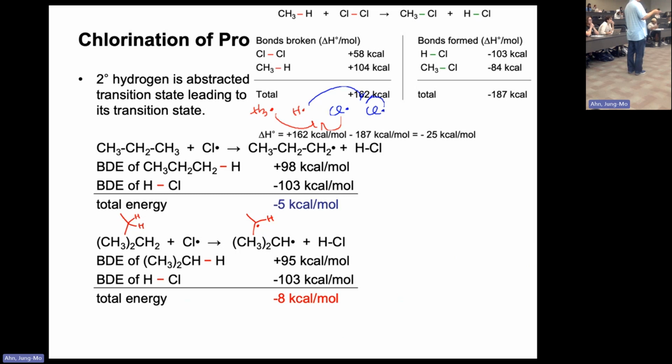That's why these terms are not there. You only need to focus on what's actually getting broken and what's actually getting made for the particular reaction we provide to you to make the right calculation, not all 4 terms. I hope you see why this one has just 2 components, while that one has 4 components.